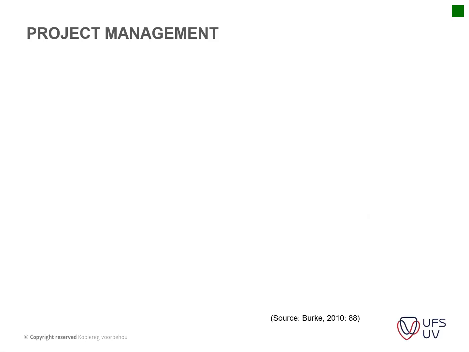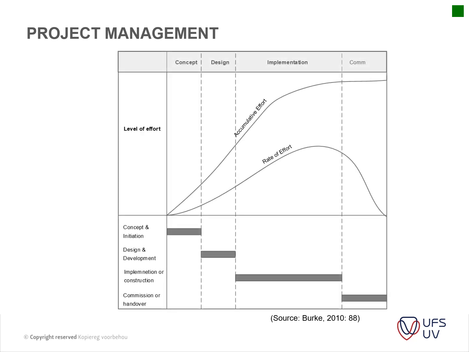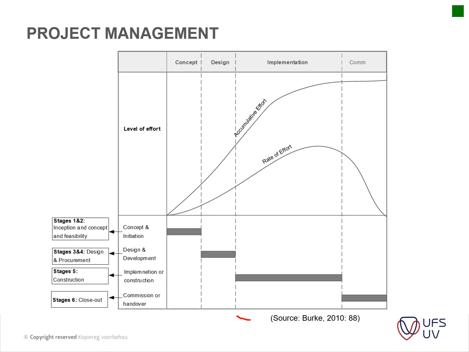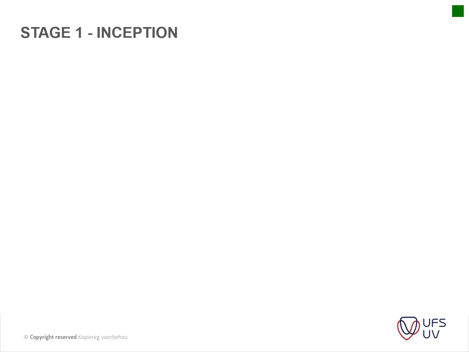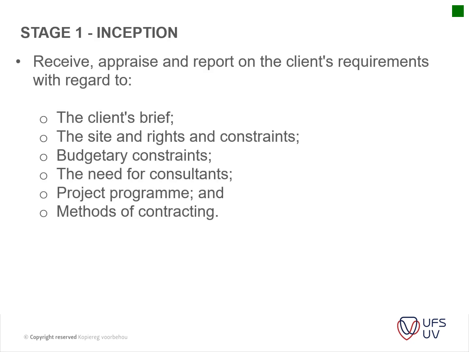Our 6 stages. So remember we've got our general project plan, and we've got our 6 stages up to our closeout, and then each stage has its different outputs from the architectural side, and all of this information influences what the QS can do.